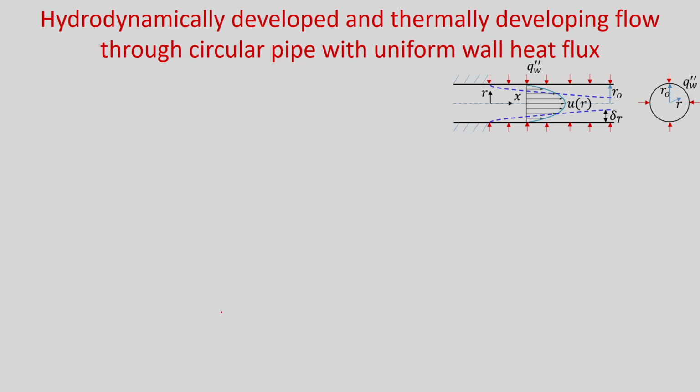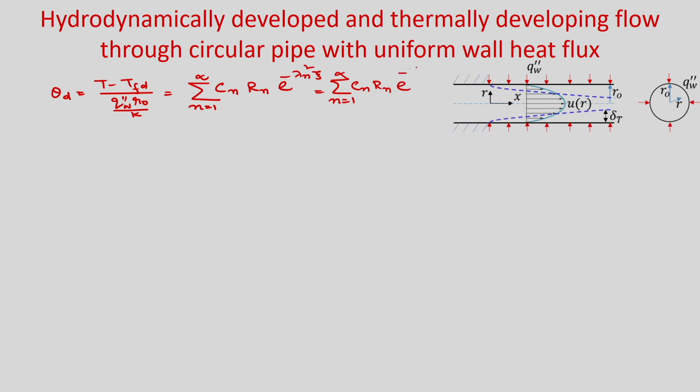Now, if you put the theta_d solution, that is (T minus T_fd) divided by (q_w'' r_0 by k), as summation of n equal to 1 to infinity C_n R_n e to the power of minus lambda_n squared zeta, which is equal to summation of n equal to 1 to infinity C_n R_n e to the power of minus lambda_n squared x by r_0, divided by Re_d into Prandtl number.